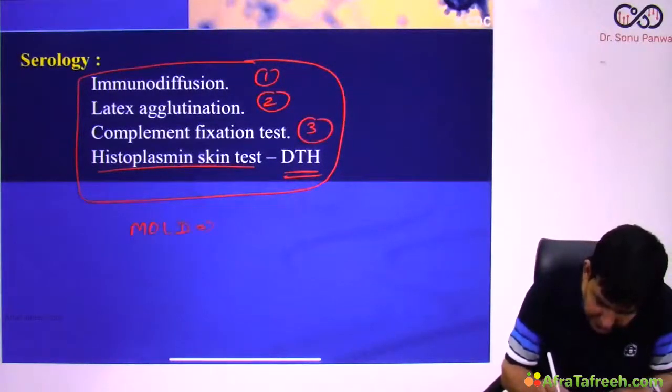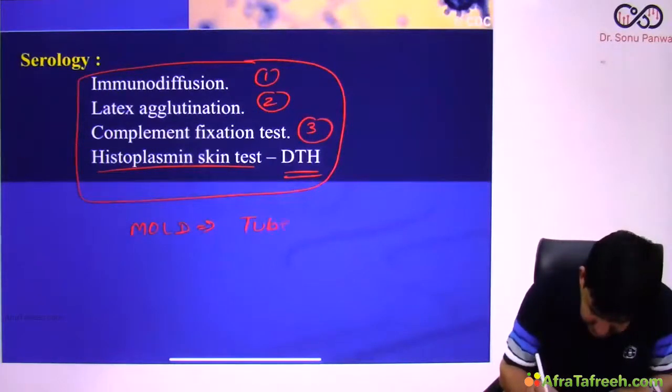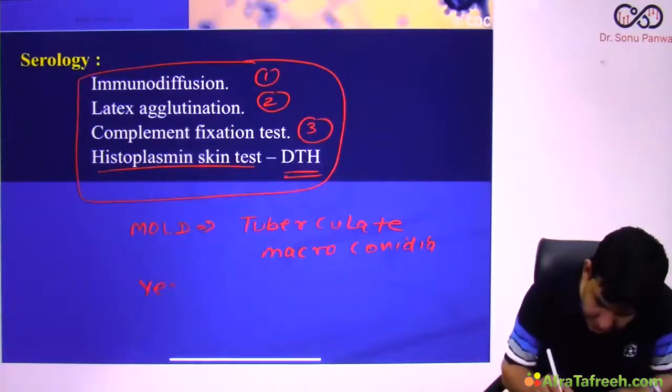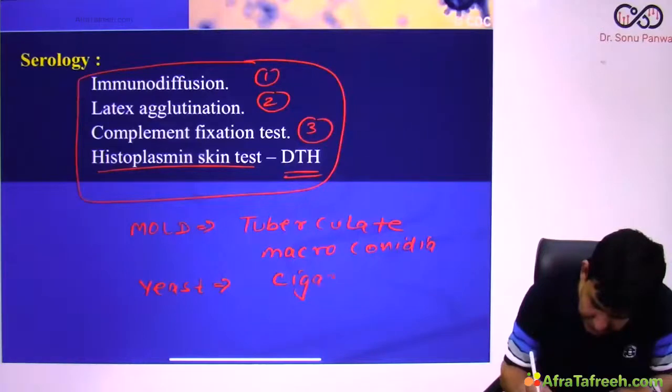Okay, so in short, what I want to tell you here is that the mold form of this looks like a tuberculate macroconidia. This is the thing which you need to focus on, that the mold form looks like a tuberculate macroconidia, and the yeast form of this looks like cigar shaped.